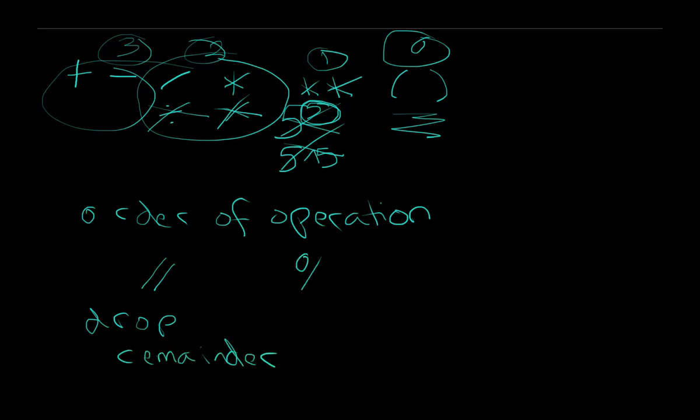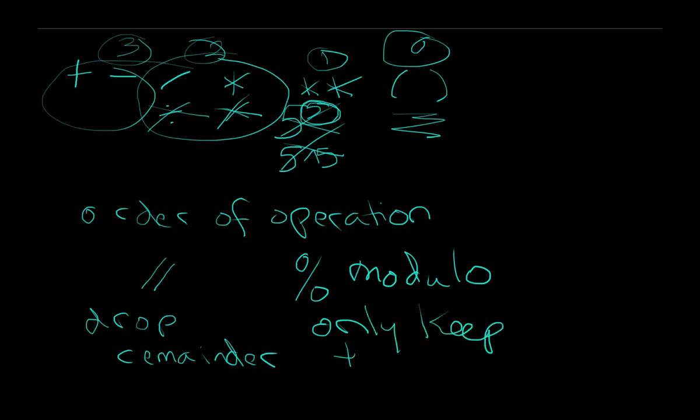We also have the percent sign, but the percent sign does not mean percent. It means modulo. In this case, you're going to do a division, and you're only going to keep the remainder. So these two complement each other in that in both cases you're doing a division, but with floor division you're dropping the remainder of that division, and with modulo, you're only keeping the remainder.